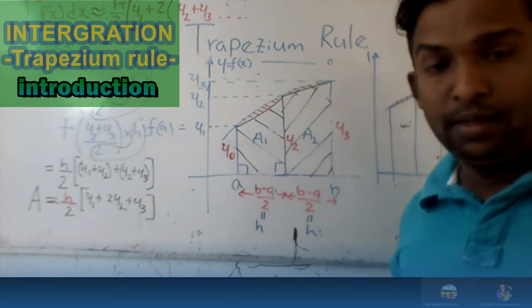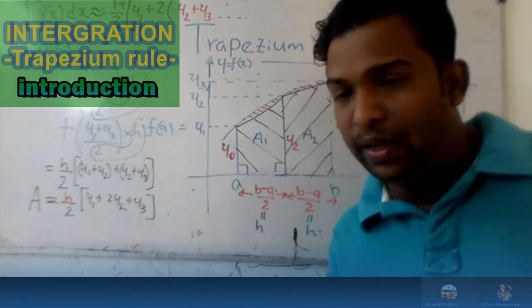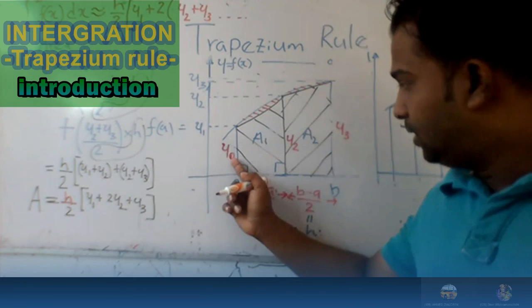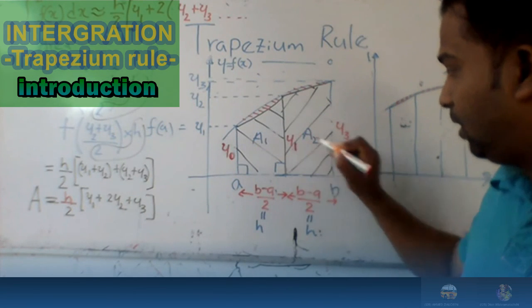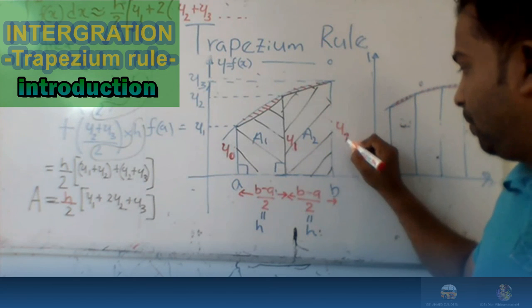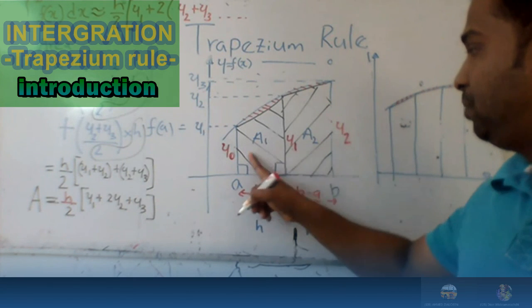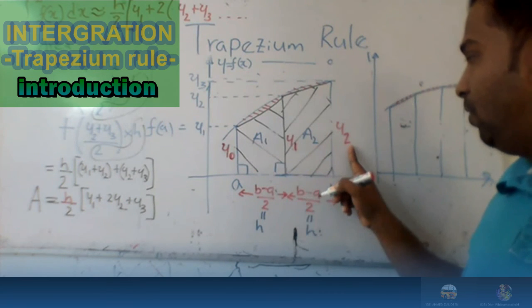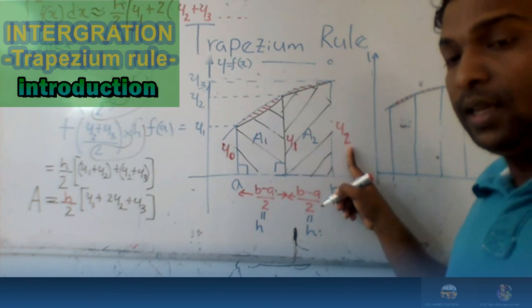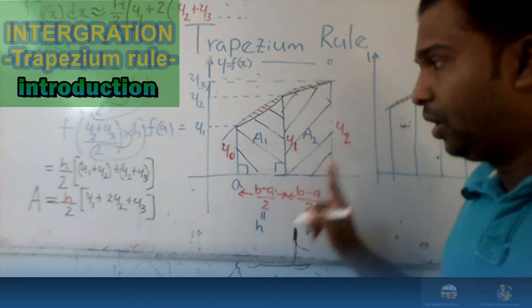Sorry about that. This is just a notation. Don't worry about that. This is y naught. This they have taken as y1, and this is y2. Then if the number of strips is 2, here y2. If the number of strips is 3, here y3. Likewise it comes, right? Sorry about that.